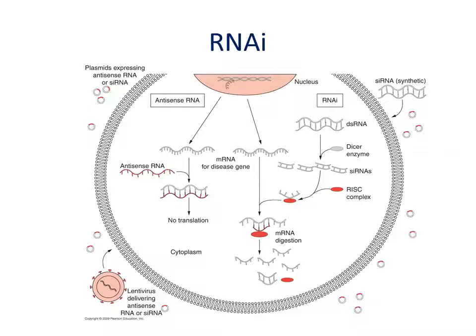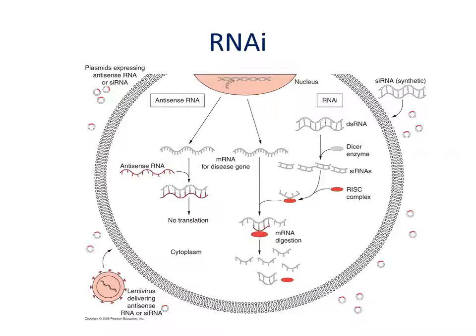And once the complementary antisense RNA binds to the overexpressed gene, no translation will take place and that complex will get destroyed. The double-stranded RNA will get destroyed.